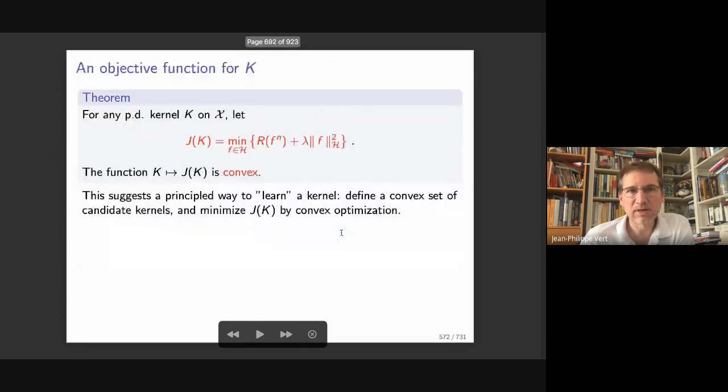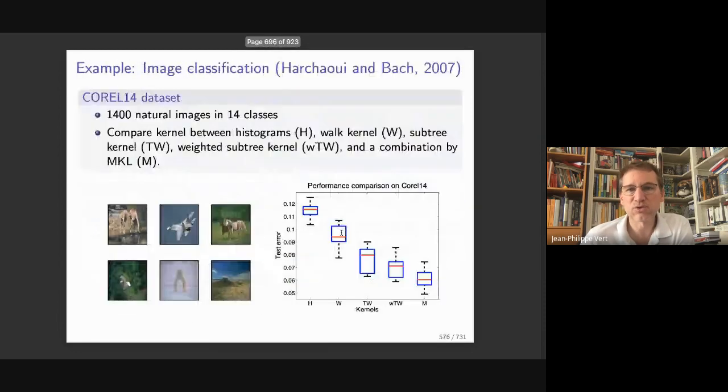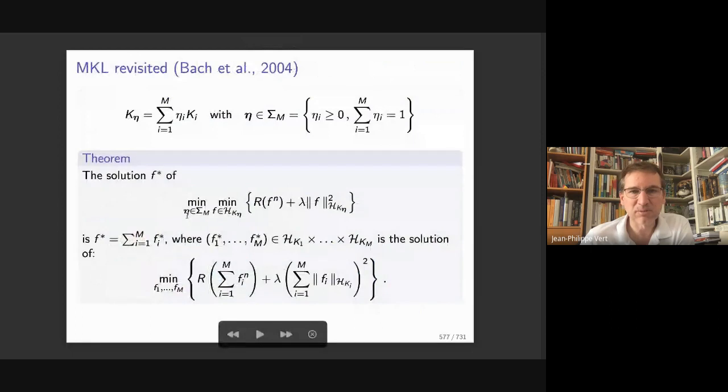Now the new theorem says that when you train an MKL model, so there is some eta, but at the end of the day, there is no eta anymore here, right? We will explain why. What you do at the end of the day is also train a function which is a sum by minimizing the risk function of the sum. And here, instead of having the lambda times the sum of square norm of Fi, there is no square anymore in the norm of Fi.